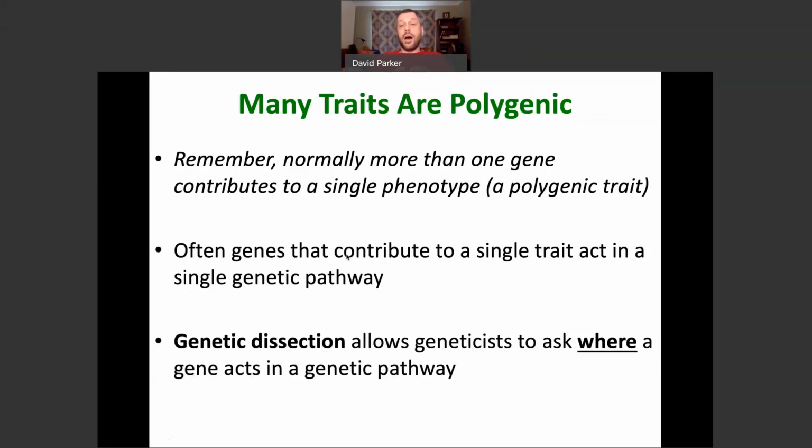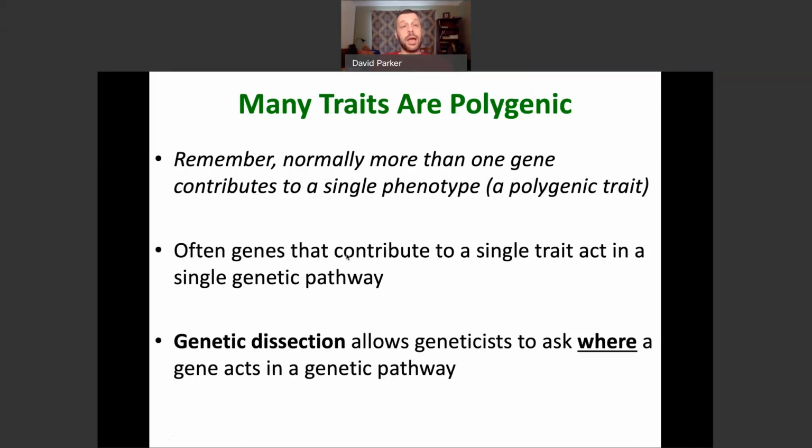So this kind of harks back to the purple flowers that we looked at in the previous lecture. And remember that it's normally true that more than one gene contributes to a single phenotype. A trait like this, which is almost every trait, is called a polygenic trait. Polygenic meaning more than one gene or multiple genes.